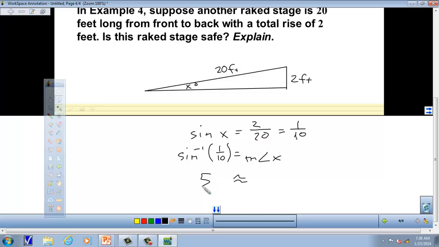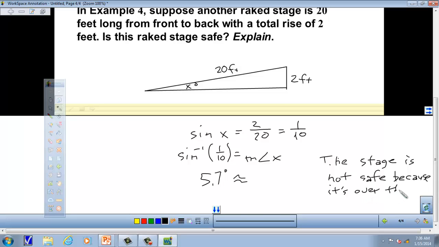If we do that, we get 5.7 degrees, and we would say the stage is not safe, because it's over the limit of 5 degrees or less.